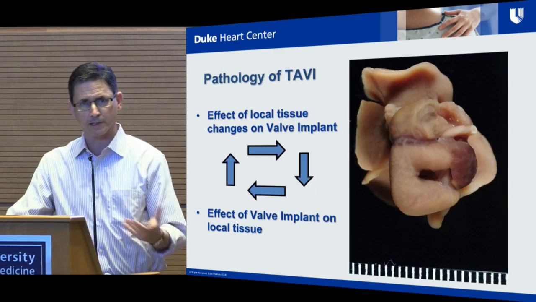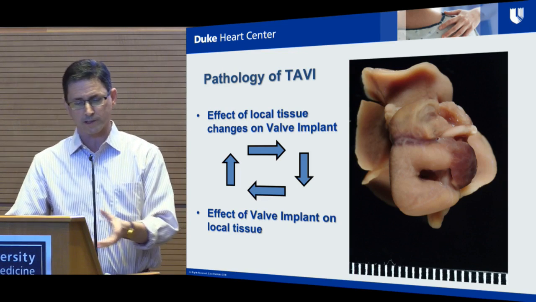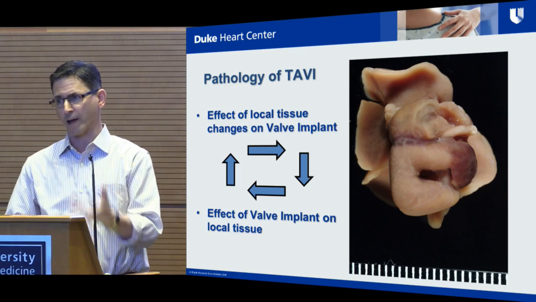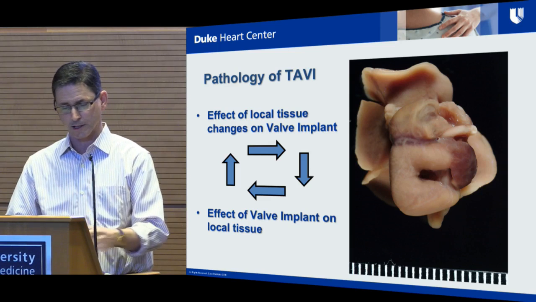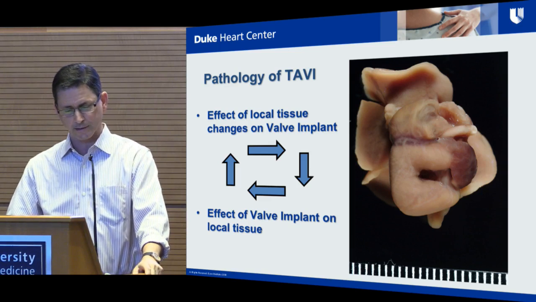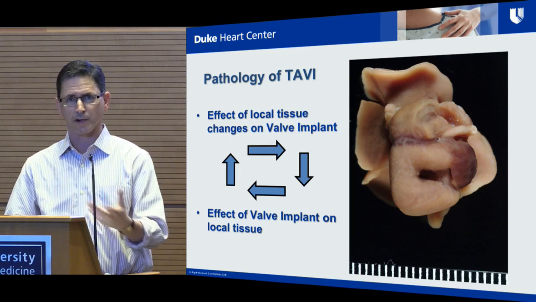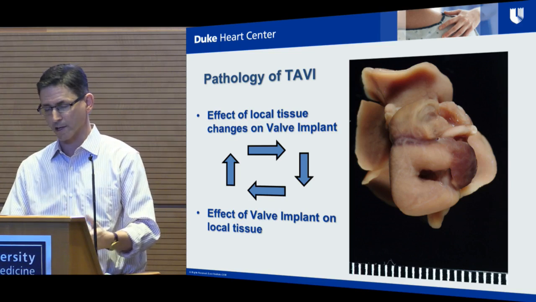So when we look specifically at the valves from a pathology standpoint, the two basic things we look at are what is the effect of the local tissue, of the valve structure and the changes on how the implant was placed, and then secondarily, what's the effect of the implant on the surrounding tissues and the longevity of the valve.